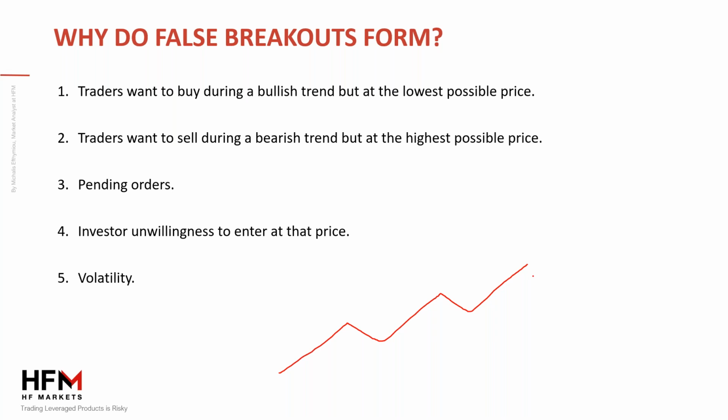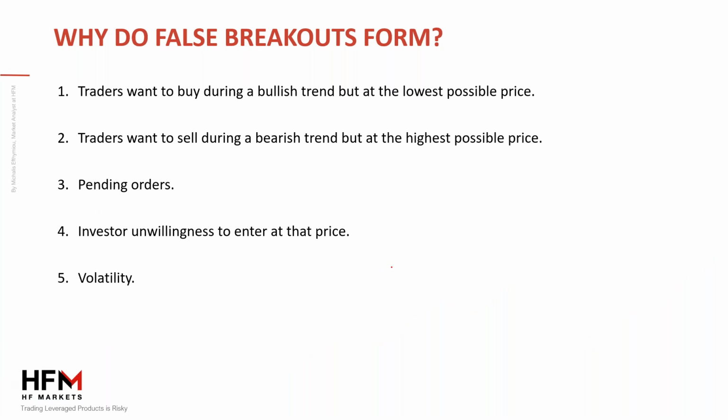Let's wait for some sales. Let's wait for some people to start cashing in. The price will decline, and I'll enter at a lower price to take advantage of the upward price movement, rather than having to enter the buy here. So this is a lot of the time why we get false breakouts.